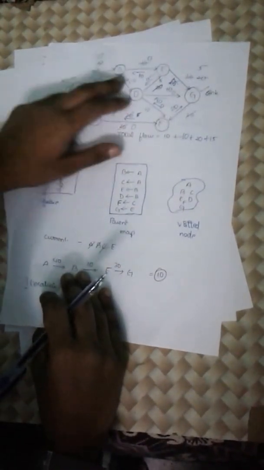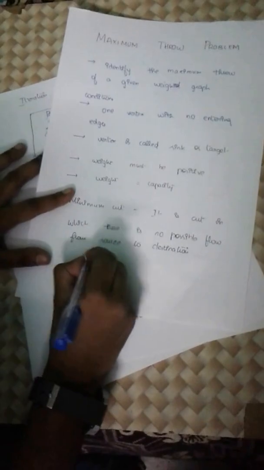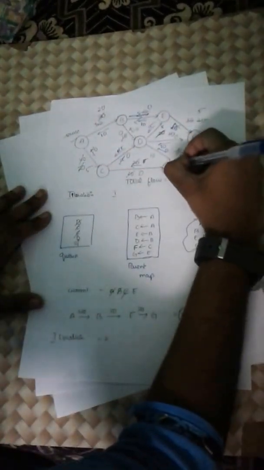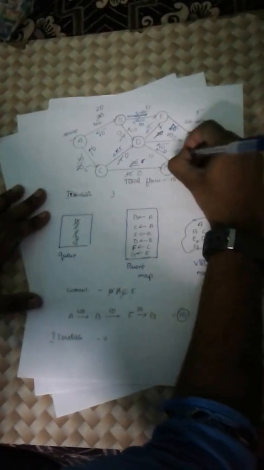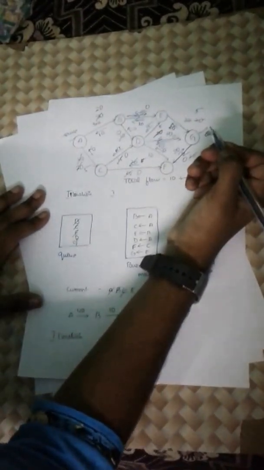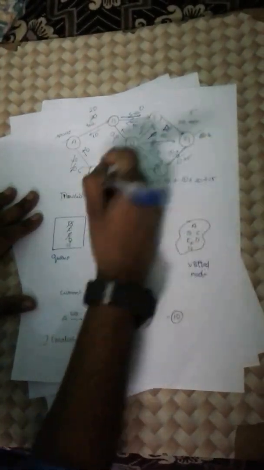In this case we could have the following minimum cuts, like from B to E. I can make it here. From B to E we have a minimum cut, and from F to G, this is 0, so here we have a minimum cut, and from D to G we have a minimum cut, and from C to F we have a minimum cut.